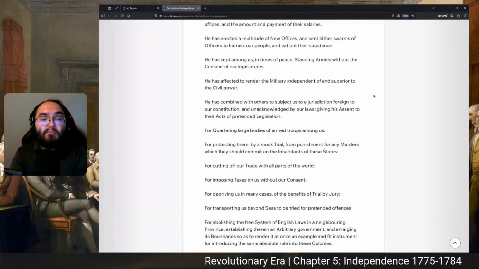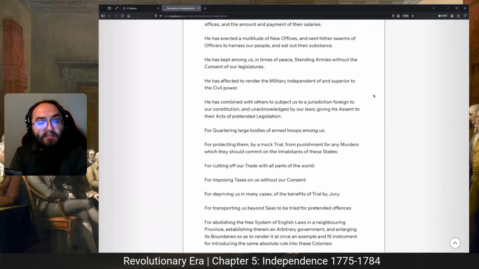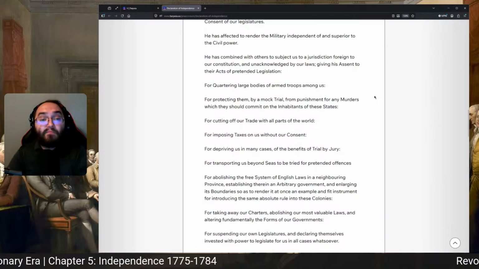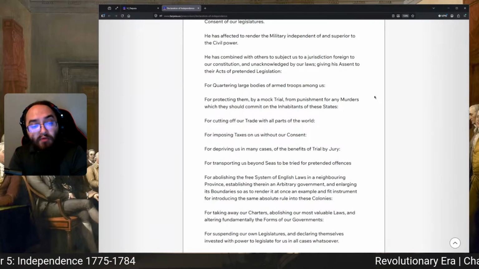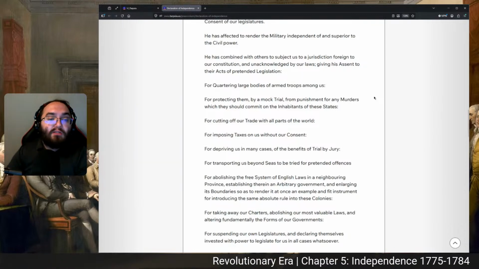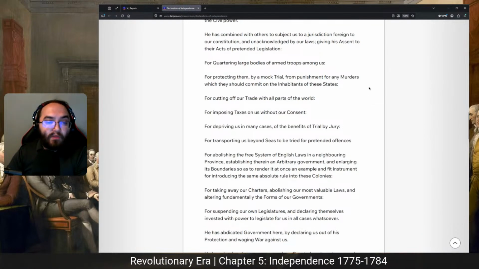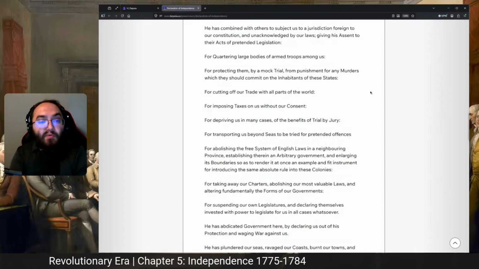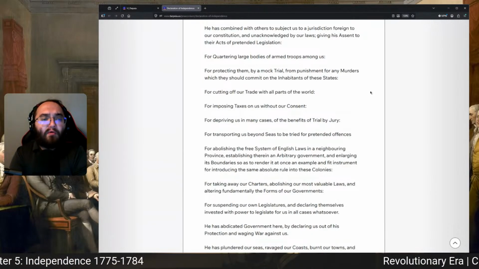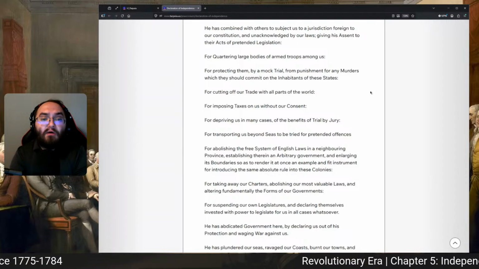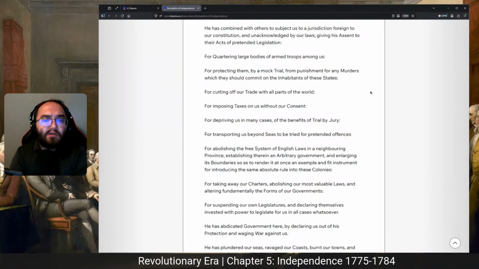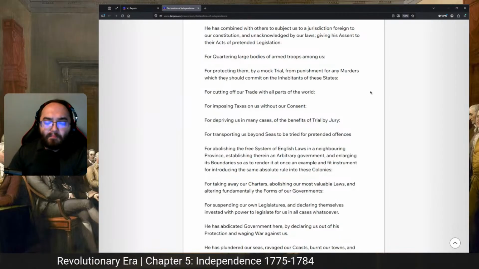He has kept among us in times of peace standing armies without the consent of our legislatures. He has affected to render the military independent of and superior to the civilian power. He has combined with others to subject us to a jurisdiction foreign to our Constitution, and unacknowledged by our laws, giving his assent to their acts of pretended legislation.